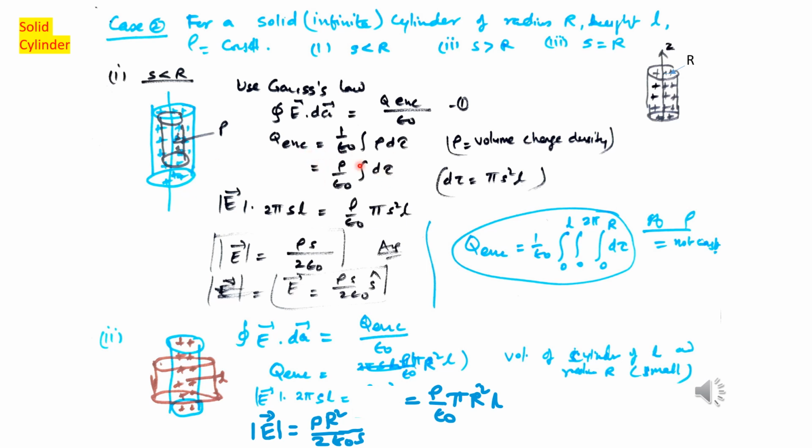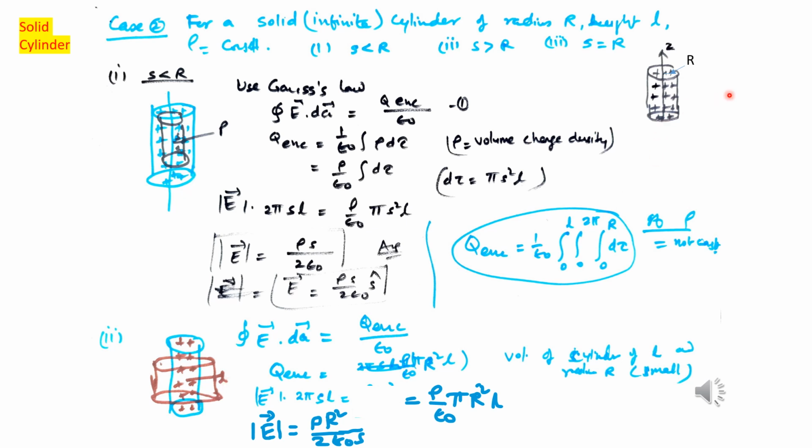So q enclosed will be 1 upon epsilon naught rho d tau. Rho is constant, and d tau equal to pi s square L, that is the volume element, and magnitude of E into 2 pi sL, that is dA, equal to rho by epsilon naught pi s square L, and pi will be cancelled out. We will have rho s by 2 epsilon naught, and the direction will be in s cap direction.